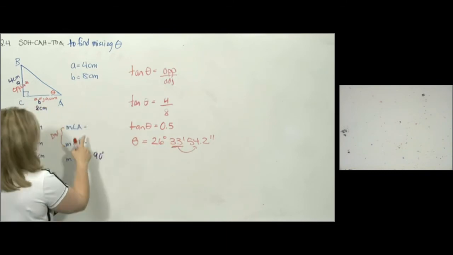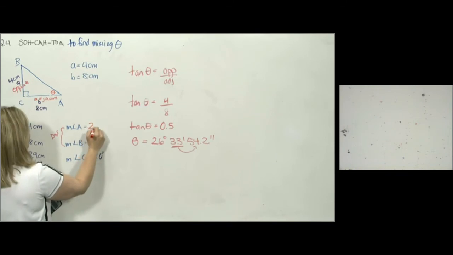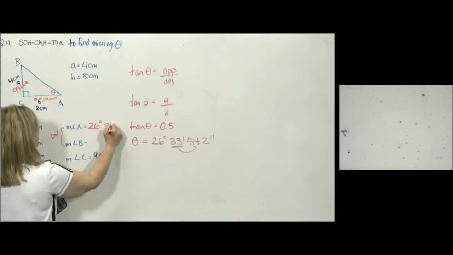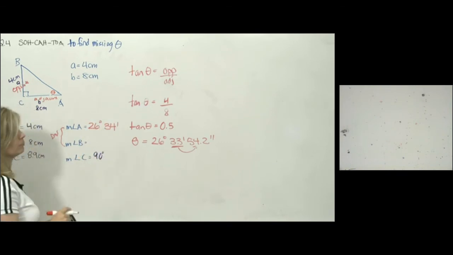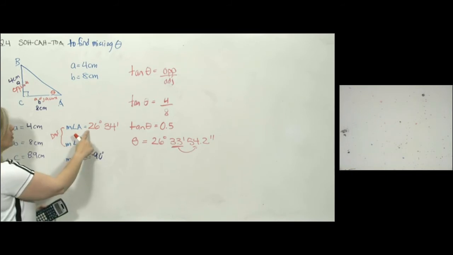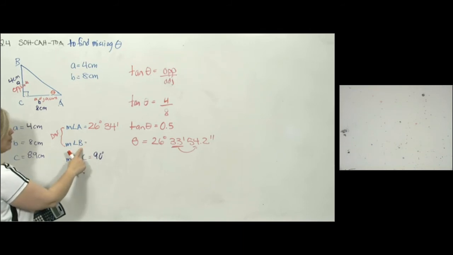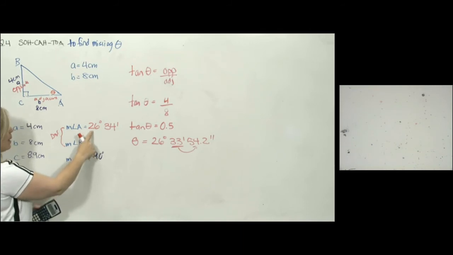So we would say the measure of angle A is 26 degrees, 34 minutes. Everybody's good? Now, if we know angle A and B are complementary, these two have got to add up to what, y'all? 90.